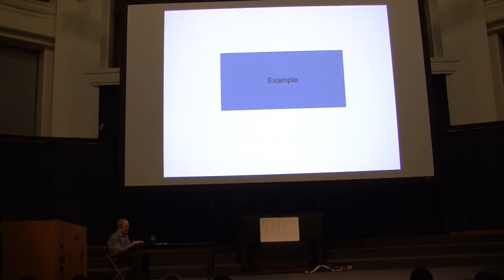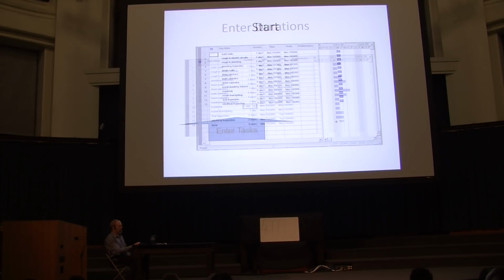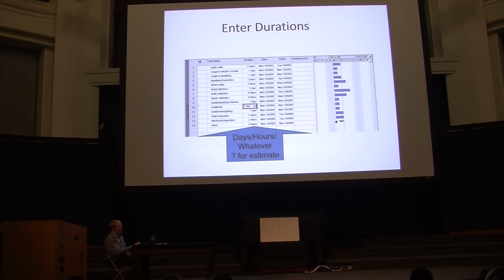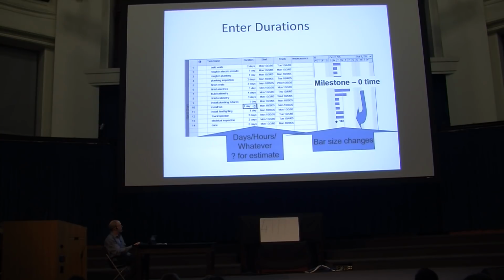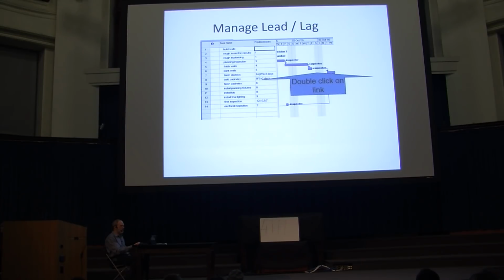Okay, so what we did was first thing we entered tasks, then we entered durations, how long they were going to be, and a milestone was 0 time. We entered predecessors, and that told us task order. We did lag and lead by double-clicking on the link, if there are, of course, other ways of doing it.